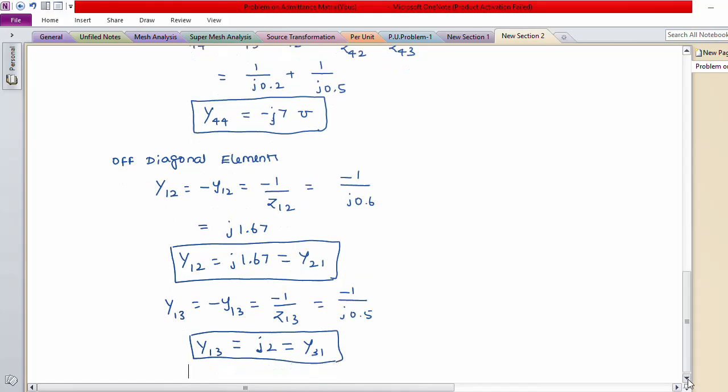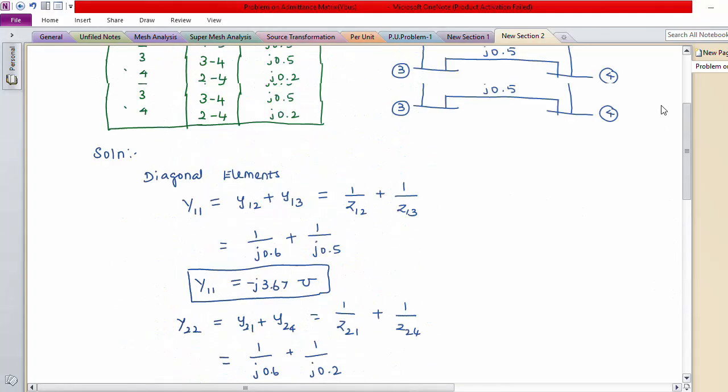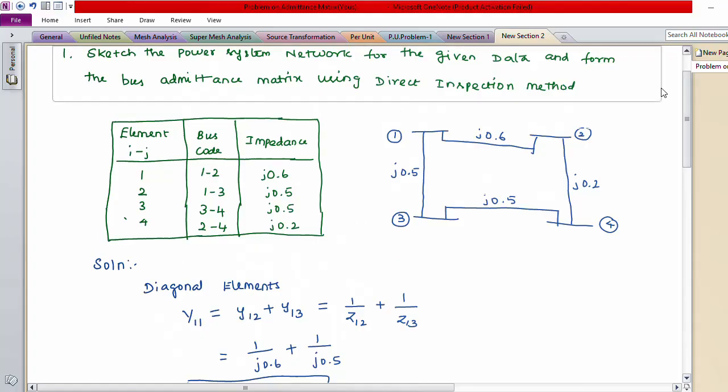Similarly, we have to calculate the other off-diagonal elements also. Y14: here there is no line connected between bus 1 and 4. So from the problem, we have to check whether a line is connected between 1 and 4. In this network, there is no line connected between 1 and 4, and 2 and 3, so it becomes 0.